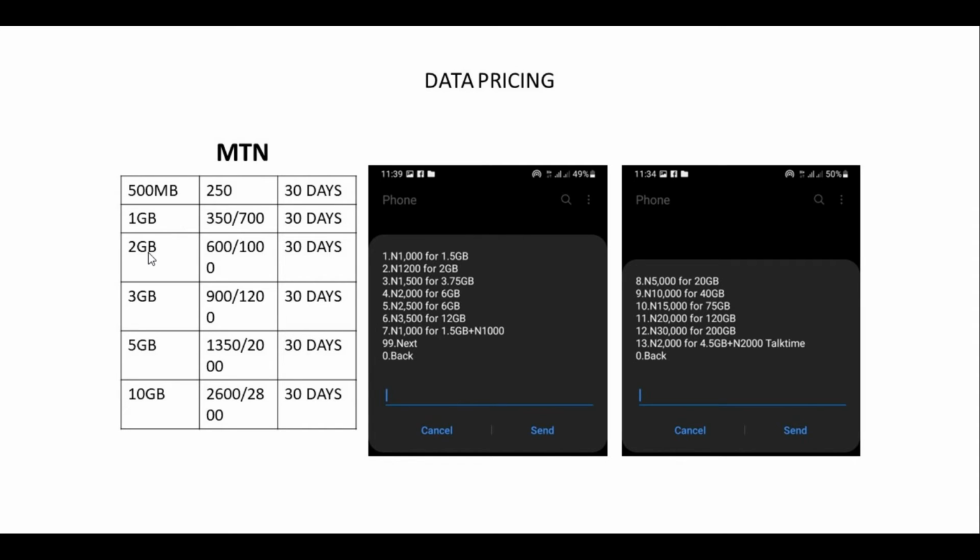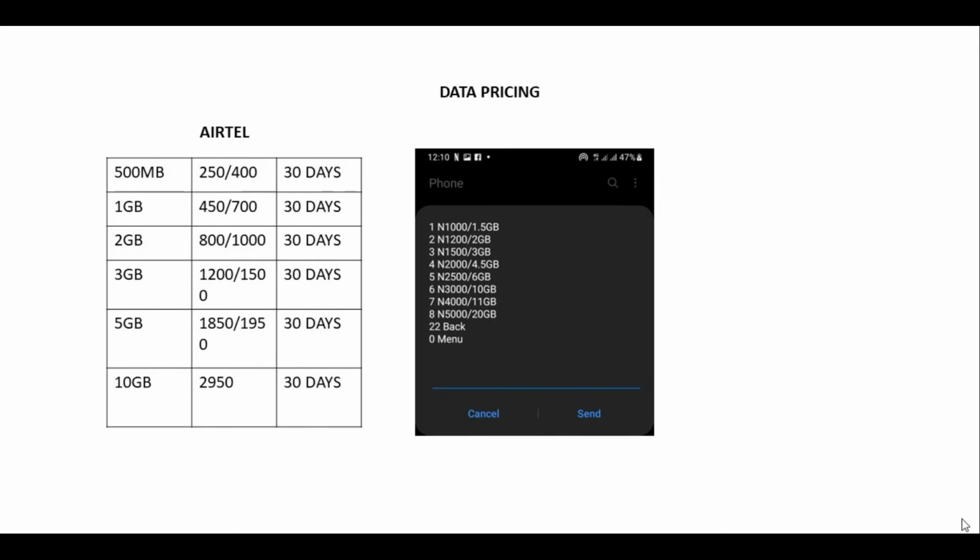For 2 gig 600, 1000. For 3 gig 900, 1200. 5 gig 1350, 2000. And all this is valid for 30 days. You can see that of Airtel too. You can see 30 days, that's our selling price.